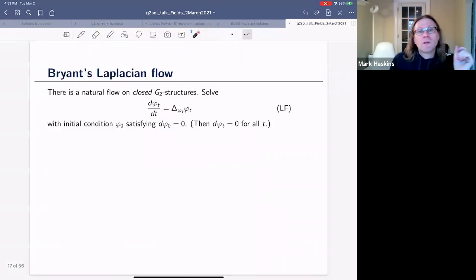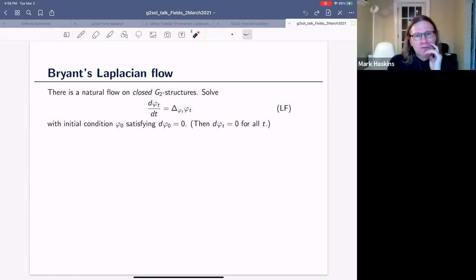So there are a number of different flows of three forms that one could introduce, and there are a few survey articles that came out of talks given at the Fields Institute a few years ago. I'm going to concentrate on what I would regard as the most geometrically natural one, which is something that works on closed G2 structures.